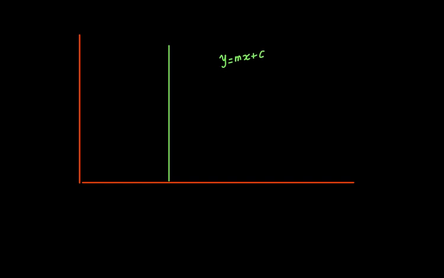If you try to solve, let me give some examples here. Let us say that this point is 0.5 comma 0. And let me consider one more point. Let me say that this point is 0.5 comma 0.5.